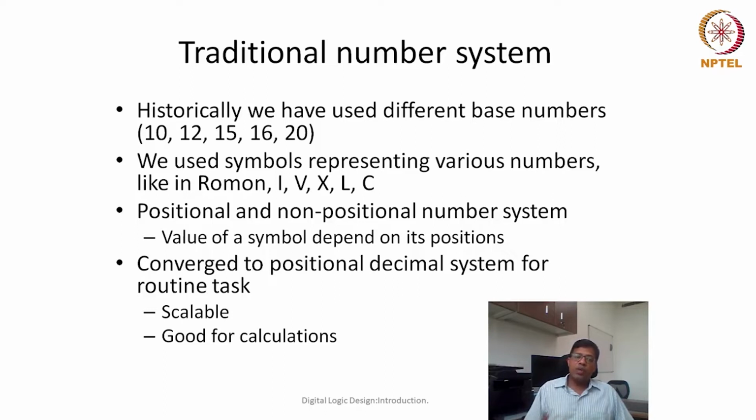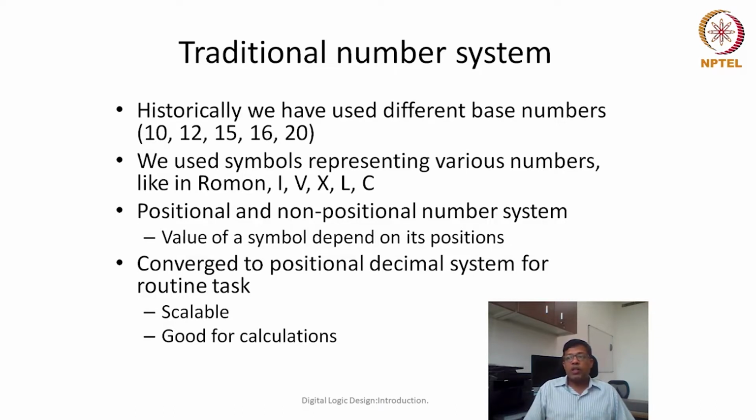Additionally, what has been observed is that, for example, Roman numbers or non-position based numbers, or even any number which was of a different base than 10, calculation was difficult. Like addition, subtraction, multiplication, finding square root. All of these things were slightly difficult if we were using some base other than 10.